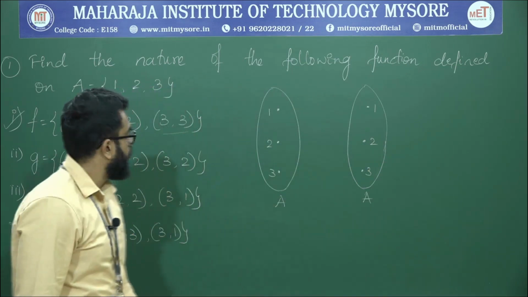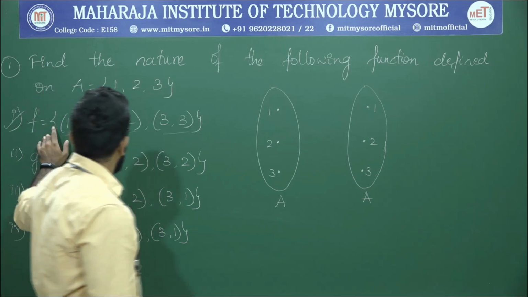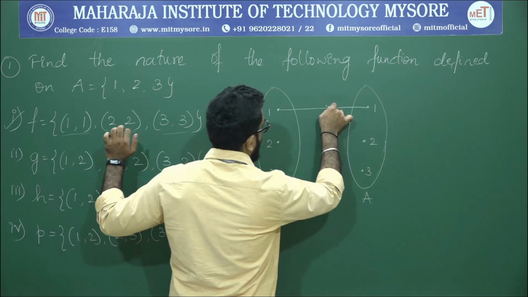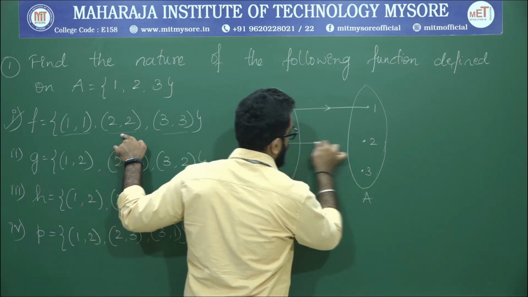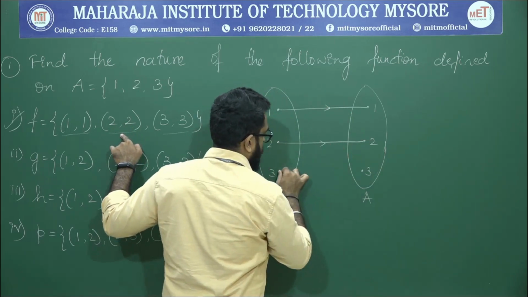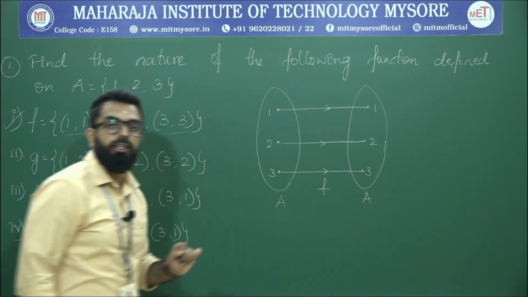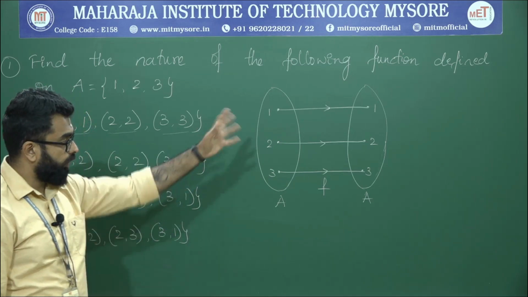Now f is defined such that 1 is mapped to 1 under the function f, similarly 2 is mapped to 2, and 3 is mapped to 3 under the function f, right? Now please identify carefully what you can understand here.